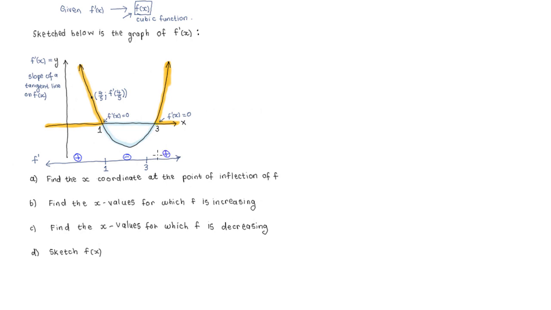So we were able to deduce from this number line that moving from a positive gradient to a negative gradient means that the original function f of x is increasing for this interval, then it decreases, and then it increases again.